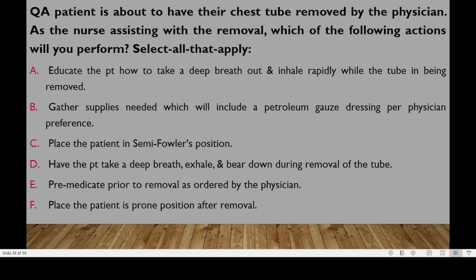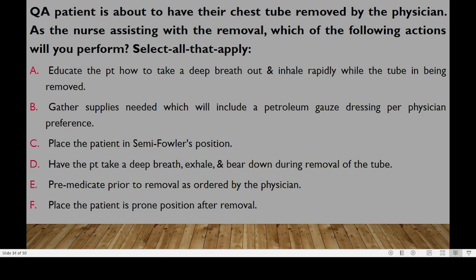A patient is about to have their chest tube removed by the physician. As the nurse assisting the removal, which of the following actions will you perform? Educate the patient how to take a deep breath and inhale rapidly while the tube is being removed.